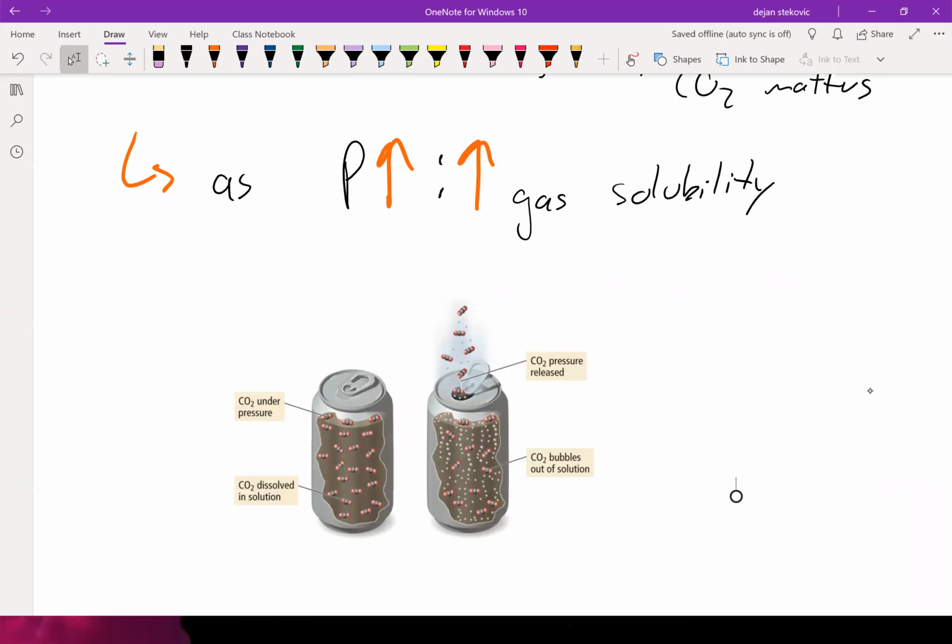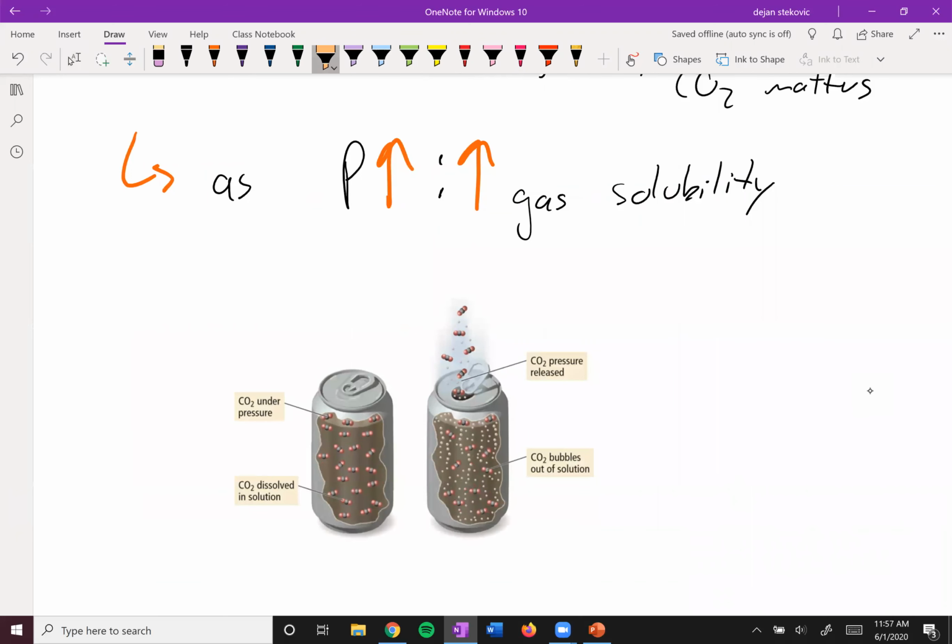Here we have a can of soda, and when it's closed, we have a high pressure. There's CO2 gas in a little airspace in the can. It's under pressure. And then when you open that up, the gas is under less pressure. There's less CO2 in the atmosphere than there is in the can, so the partial pressure decreases. And so the CO2 starts coming out of solution and then leaves the soda. And so your soda will become flat.